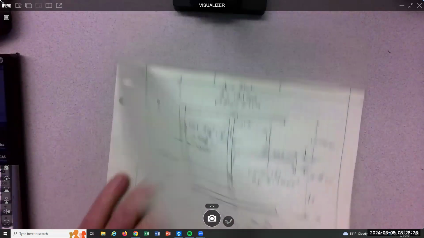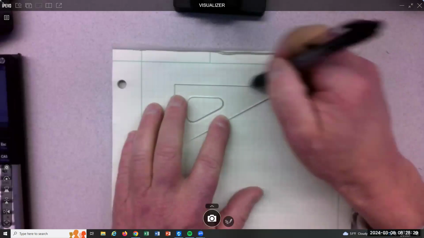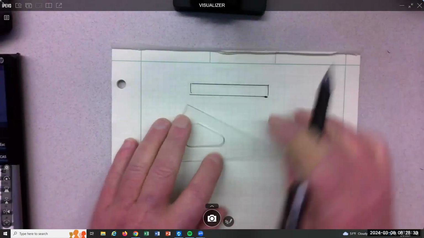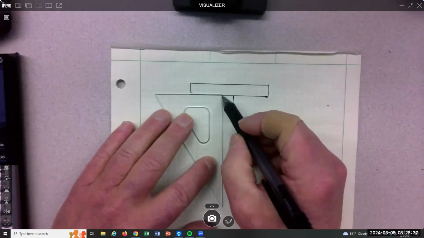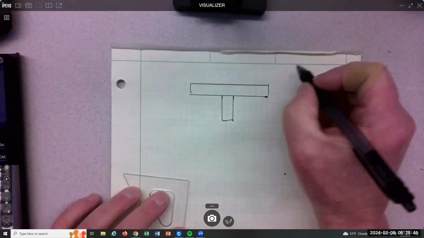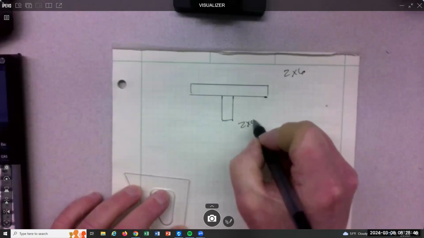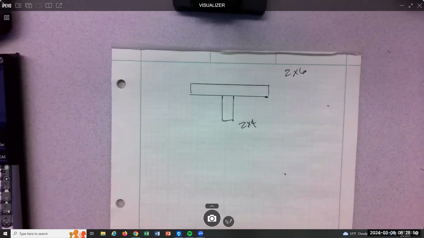Often we have to go through more simple shapes like your quiz, which is going to be something like take a 2x6 and add a 2x4 here, and tell me what the Y bar is. Where's the X axis? Where's the Y axis?